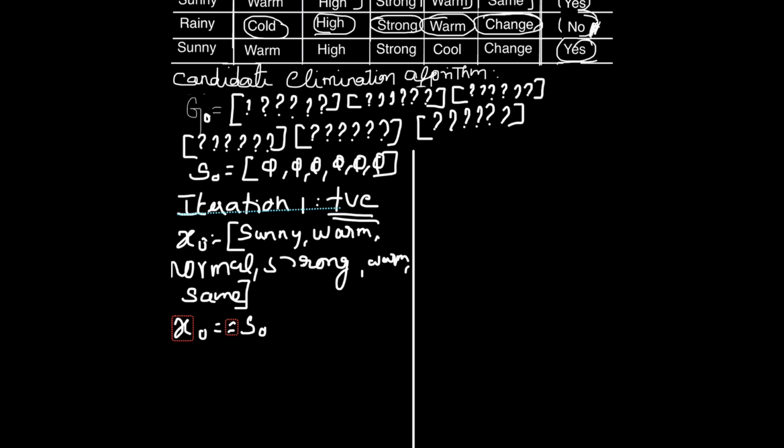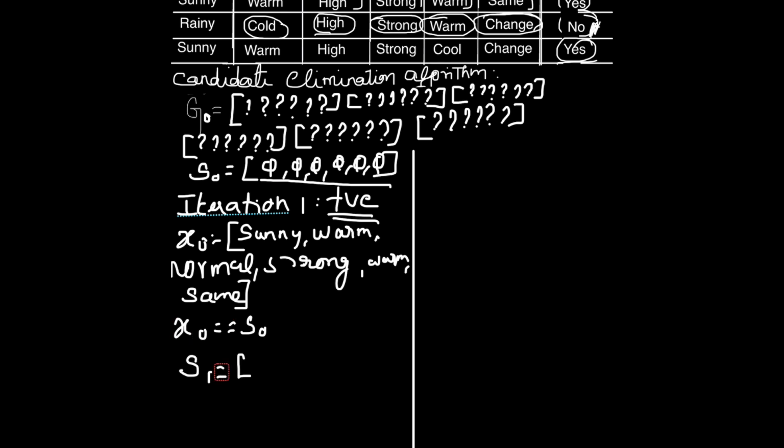In iteration 1, since it's a positive sample, it will be updating the specific hypothesis and keeping the generic hypothesis as it is. So let us compare X naught with S naught. Since all the values are null, we have to replace with the X naught values by default.